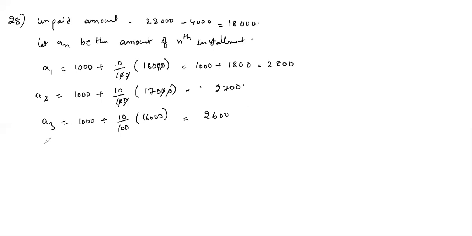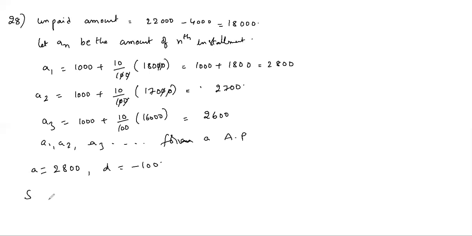So here also A1, A2, A3 and so on form an arithmetic progression, and the first term is 2,800 and the common difference is minus 100. Here we will get 18 installments.